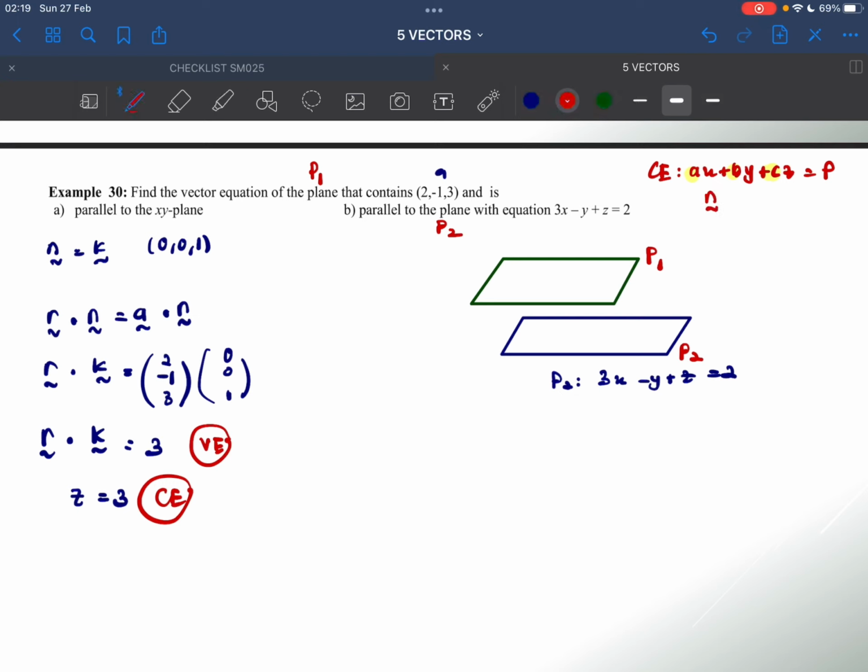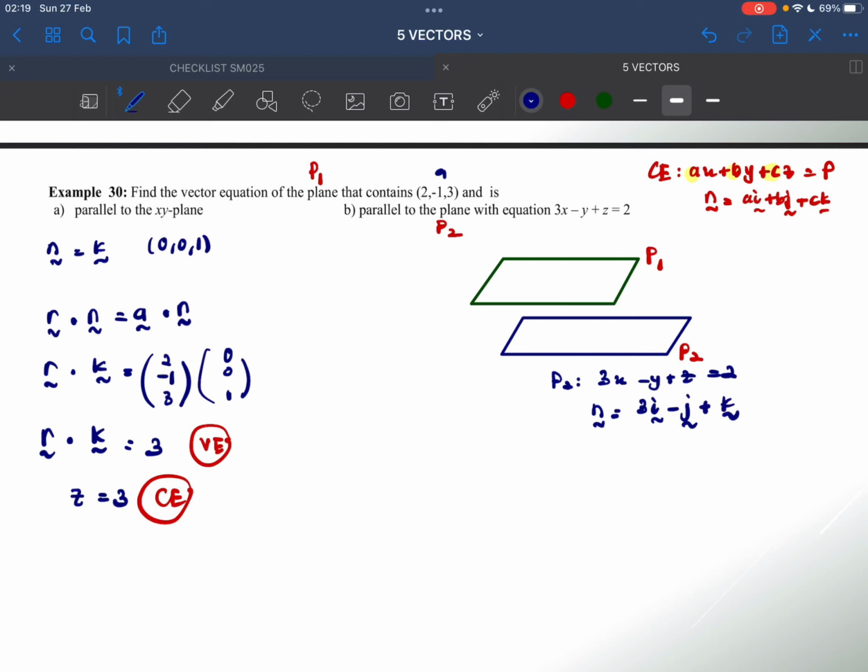So this is your normal, equals ai plus bj plus ck. From this Cartesian equation we know the normal, which is 3i minus j plus k.